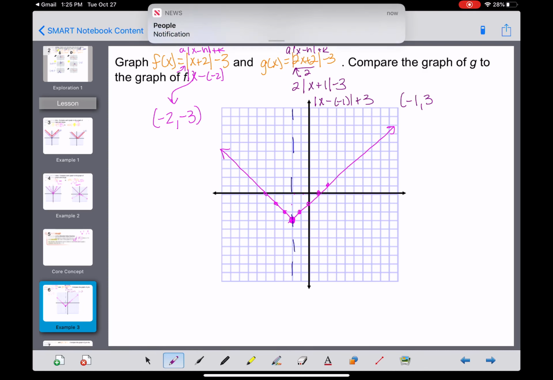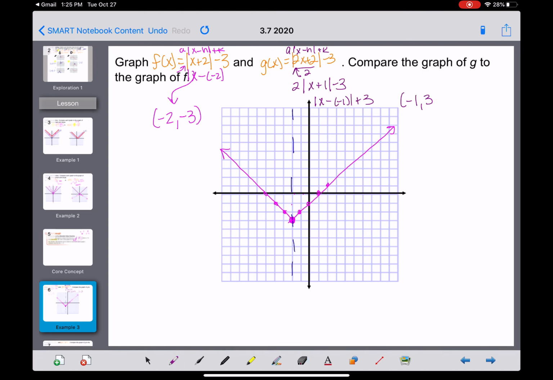Oops, I made a mistake. That should be a minus sign. So negative 1, negative 3. So negative 1, negative 3 is where my vertex is at. However, this time I have a coefficient of 2. So that means my graph is going to be going up 2 over 1 unit.